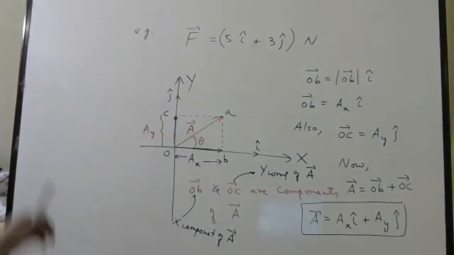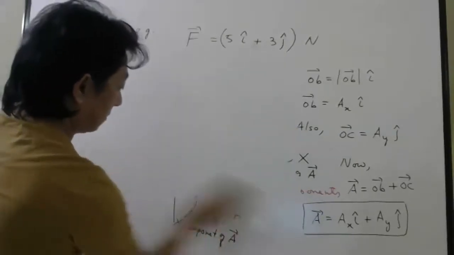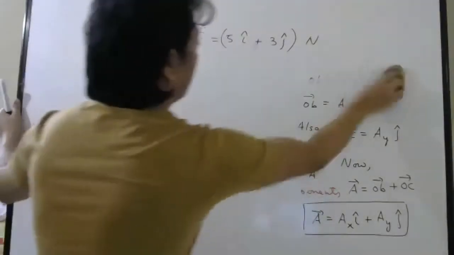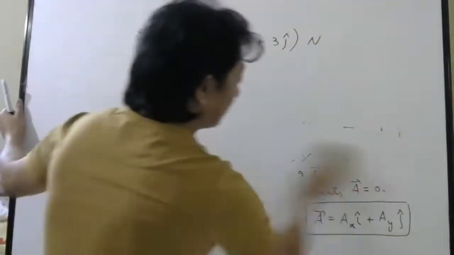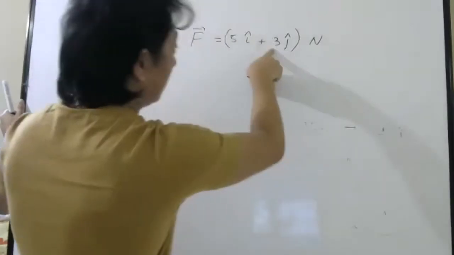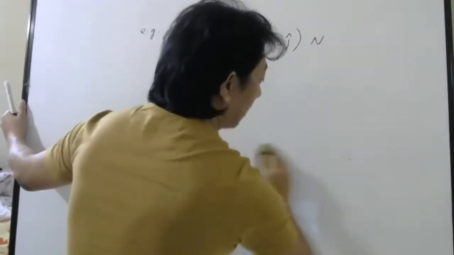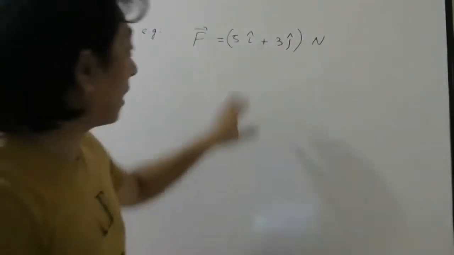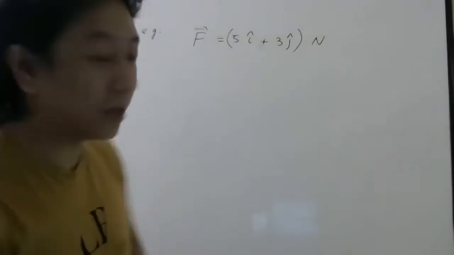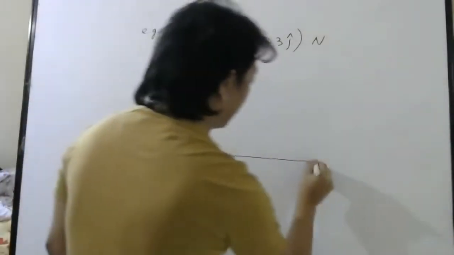Then it means 5 is the component of this force along the x-axis, and 3 is the component of this force along the y-axis. So can I now show this in a diagram? Suppose this is x, this is y.